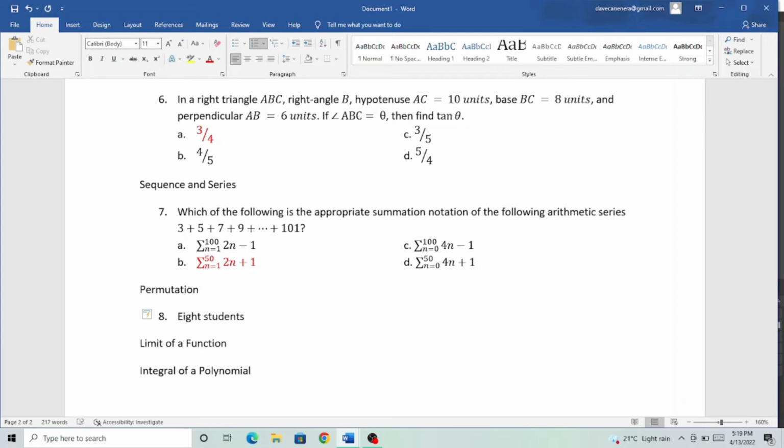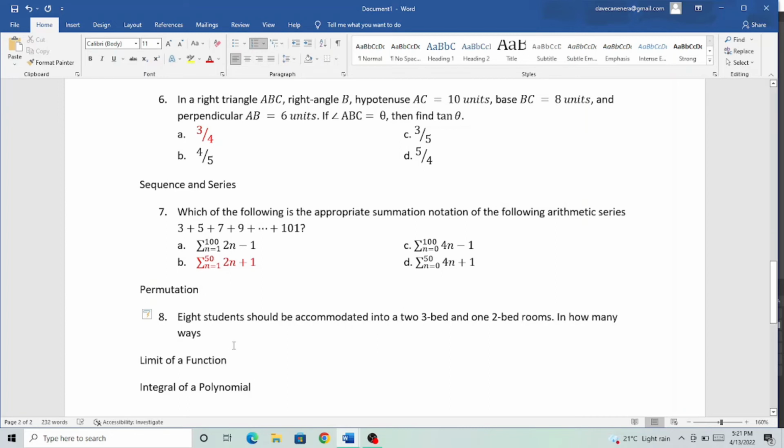And they should be accommodated into, let's say, a 2, 3 bed and 1, 2 bedrooms. So let's say, in how many ways can the students be accommodated?